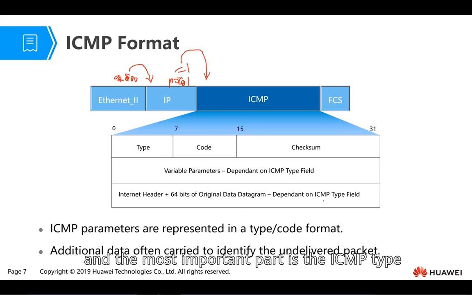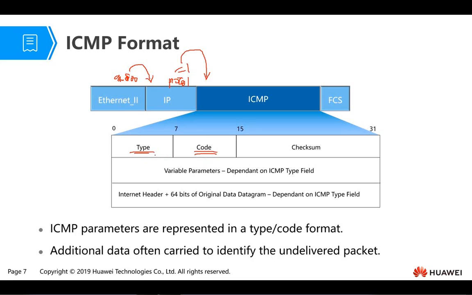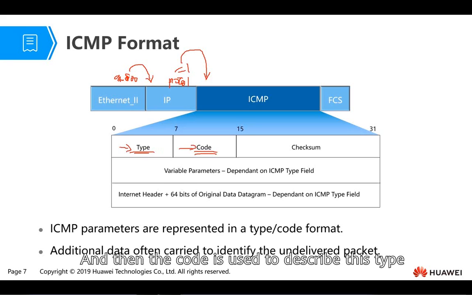The most important parts are the ICMP type and the code. ICMP has different message types to control route selection, to report errors, and so on. These are the different types. The code describes the type.